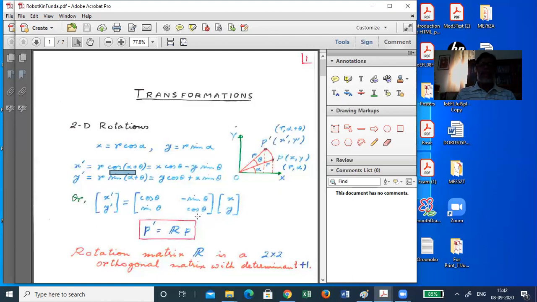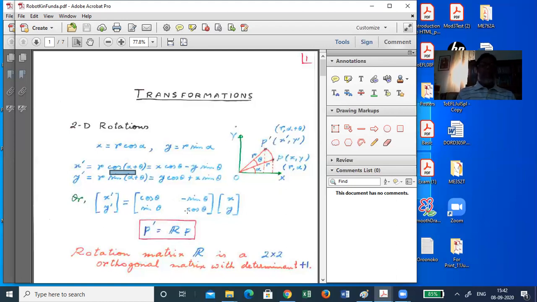This is also a unit vector, the first column and second column, and these two unit vectors are orthogonal to each other. So it is an orthogonal matrix, and the determinant of an orthogonal matrix is either +1 or -1. In the case of a rotation matrix, it will always be +1.